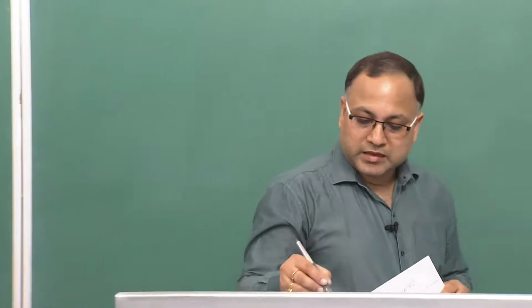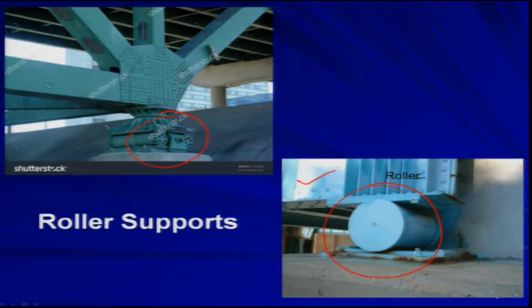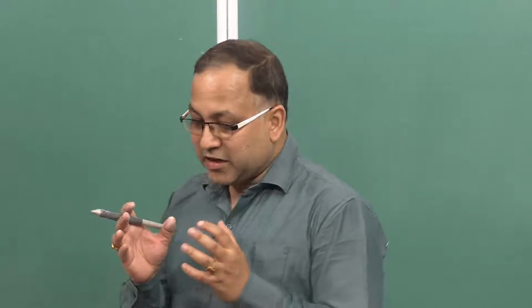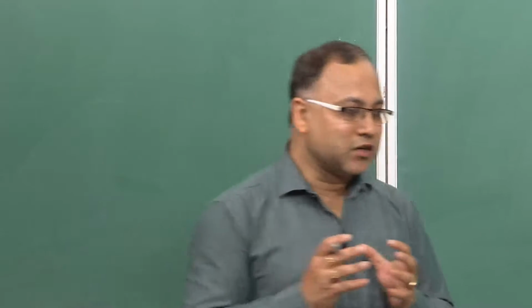So, this is a beam or some structure which is carried by this roller support. It will allow the movement in this direction, but it will not allow any movement in this direction. So, this movement is not allowed. Okay. So, these are some typical photos so that you can understand the different types of support we are talking about.